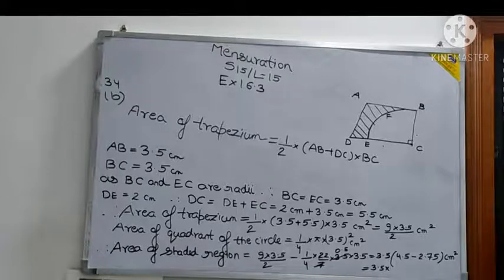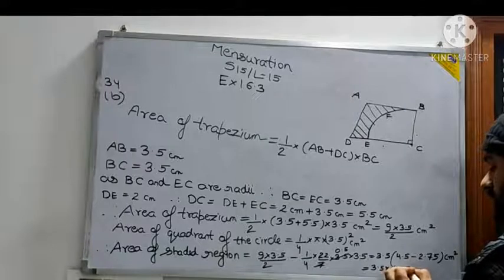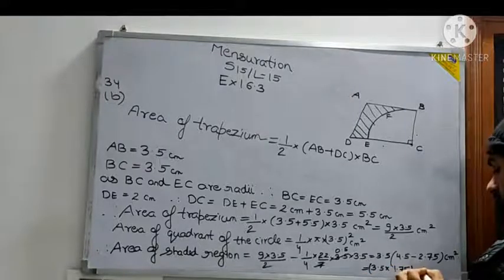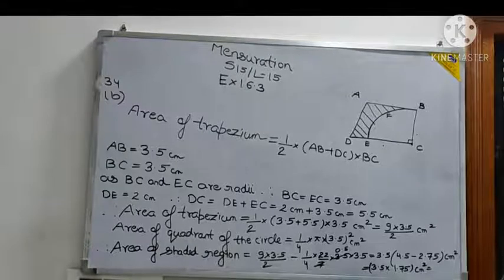So it will be 1.75 centimeter square. What will the value be? So 3.5 into 1.75. I am doing it on my rough copy. So please practice it like that, because eventually you have to practice things.